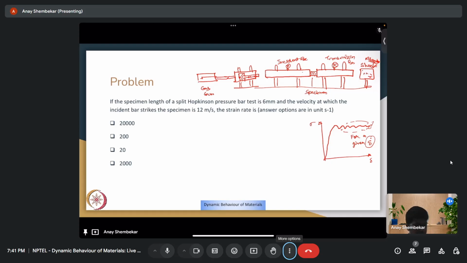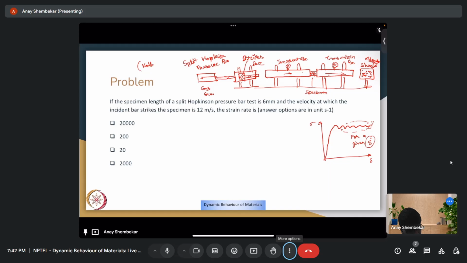What basically happens is the gas gun would fire the striker bar, which in turn hits the incident bar, from which the disturbance is propagated to the specimen and then out to the transmission bar, and the rest is taken away by the shock absorber. This setup that you are seeing here is the split Hopkinson pressure bar. This is also called the Kolsky bar.